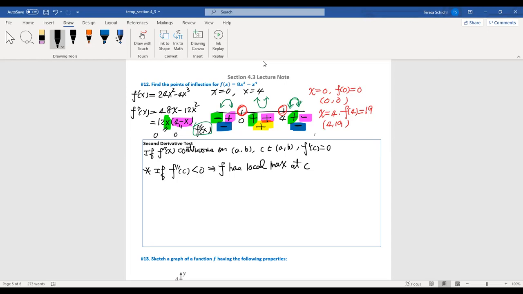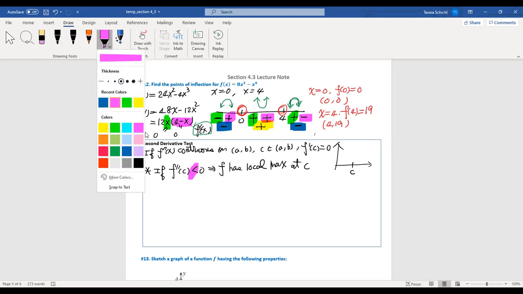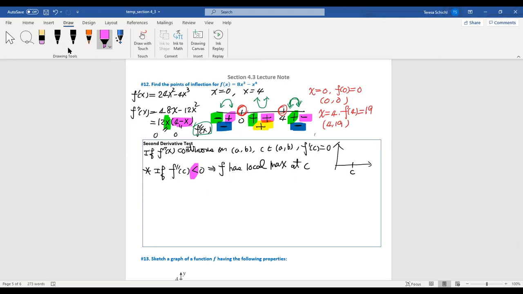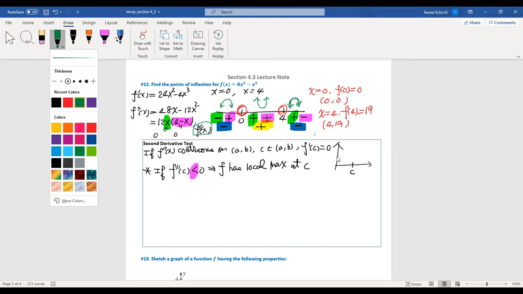The reason is that, if you take a look here, if this is my c, right? They say the second derivative is less than 0. What does that mean? That means I'm going to have a concave up or concave down.